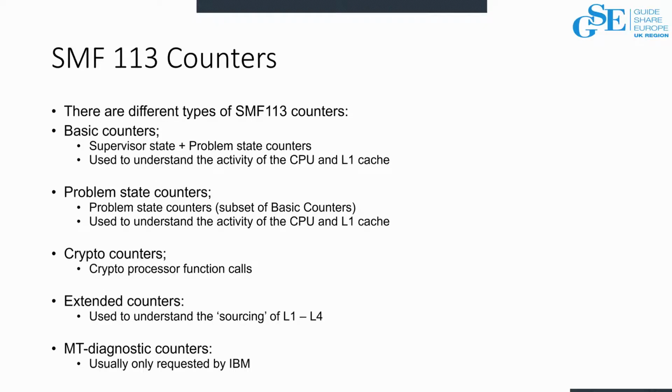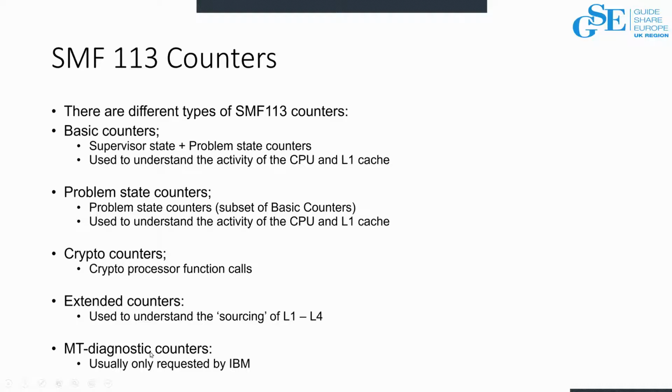So there are different counters in the SMF 113. You have the basic counters, the most used ones, together with the problem state and extended counters. All of them are used to measure the cache levels and CPI and RNI. But also you have the crypto counters used to analyze the crypto processors.